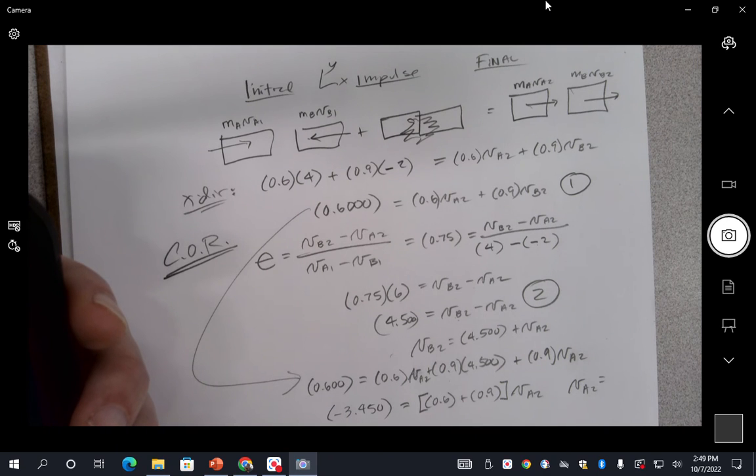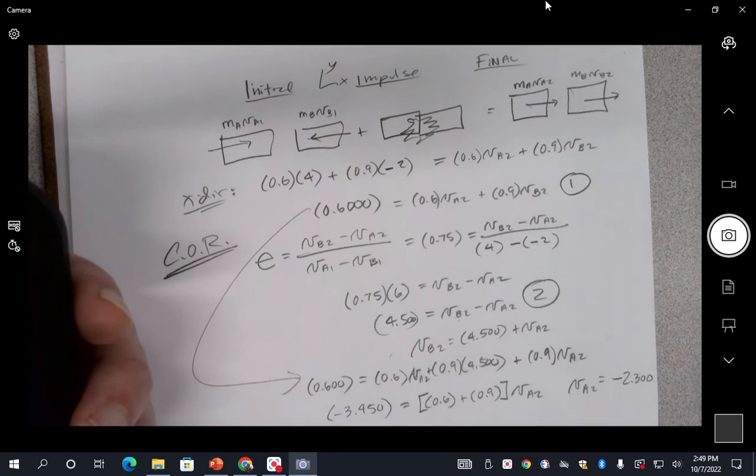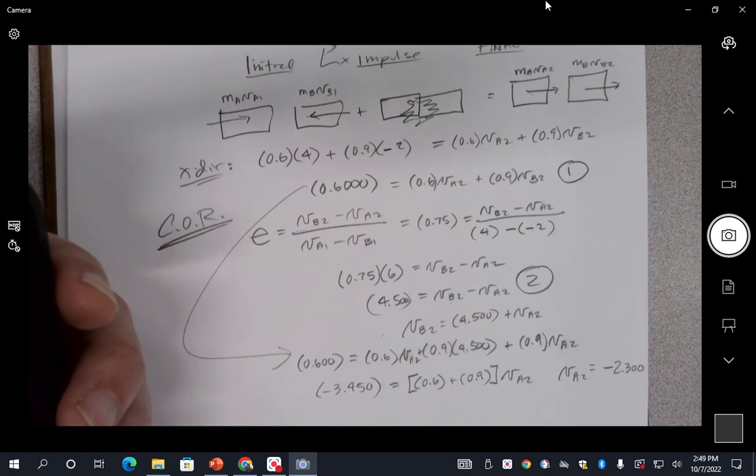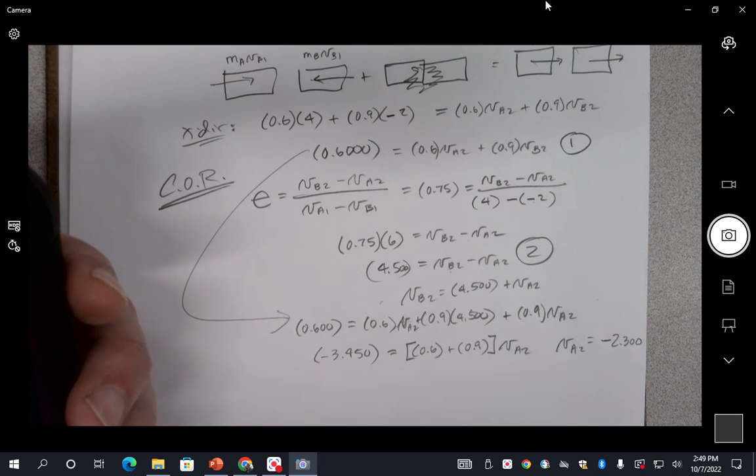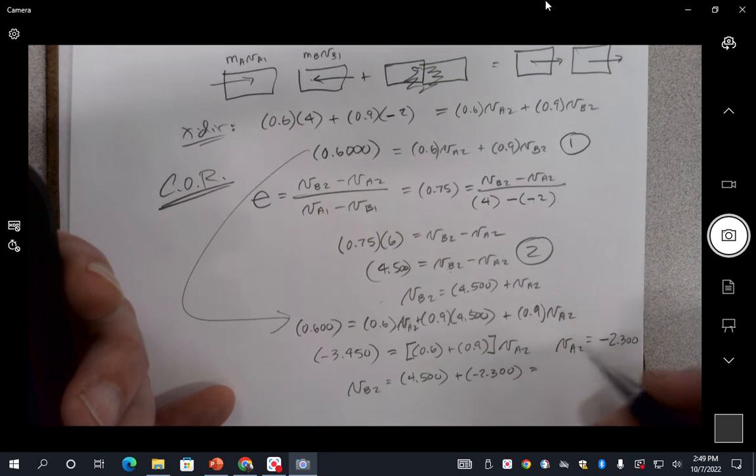I can't add 0.6 and 0.9 in my head. That's going to be a negative 2.300. And then I can put it back into VB2 and get 4.5, 2.2. And these are meters per second, right?